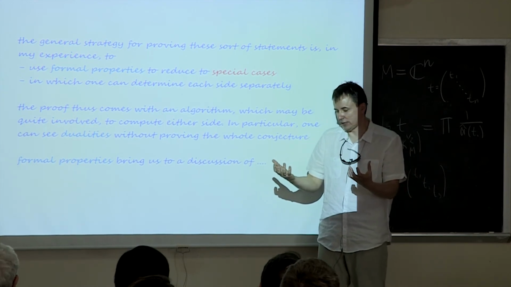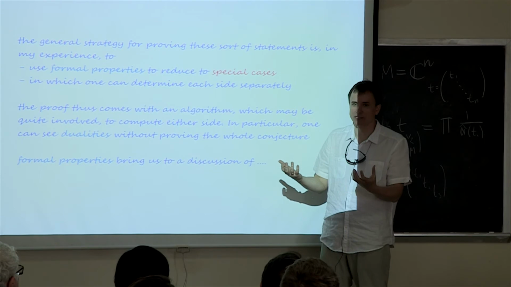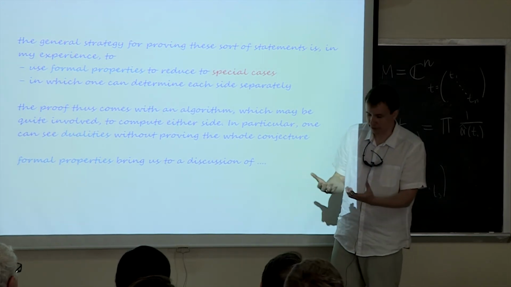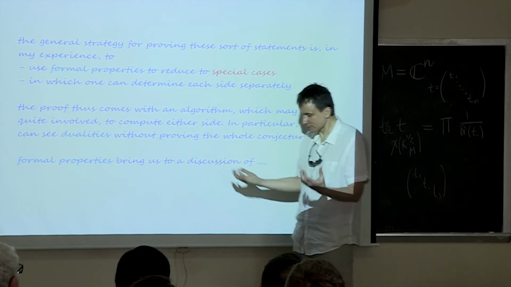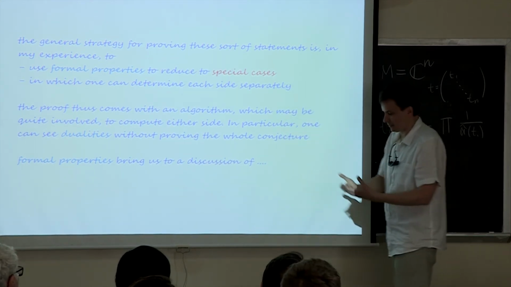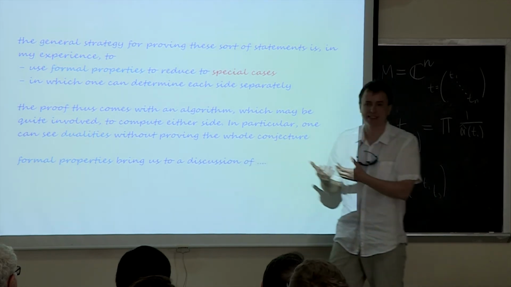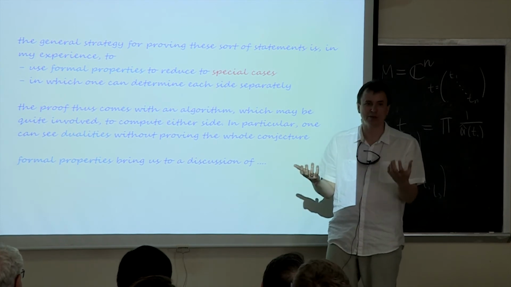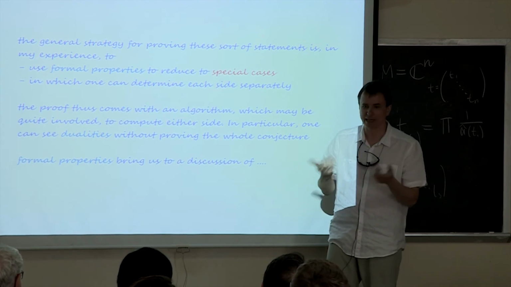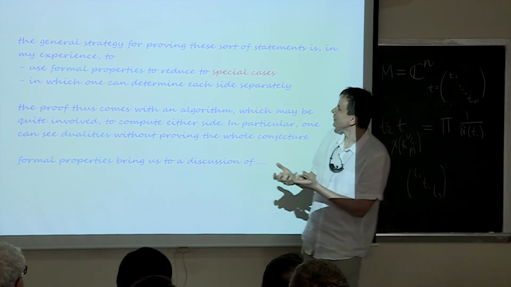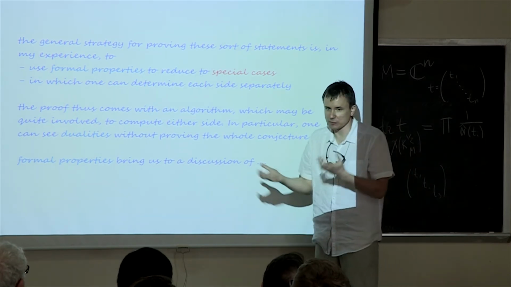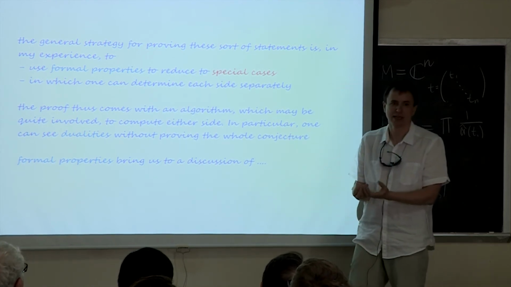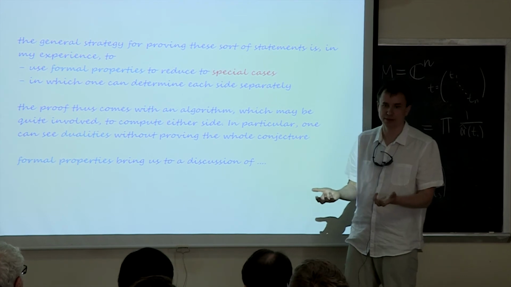And what you do is you first push the formal properties as far as you can. You try to say that if I have some enumerative information I extract from algebraic varieties, and it satisfies such and such properties, then in fact it's uniquely determined on a finite set of varieties. So you use some formal properties to break your varieties into pieces as far as you can, reduce the problem to special cases, and the special cases you just compute.